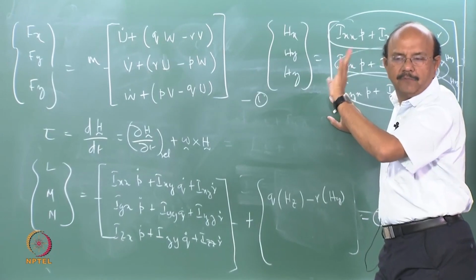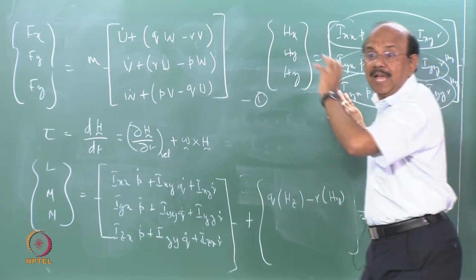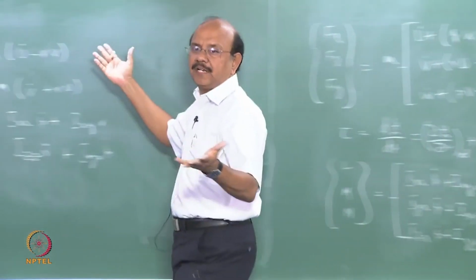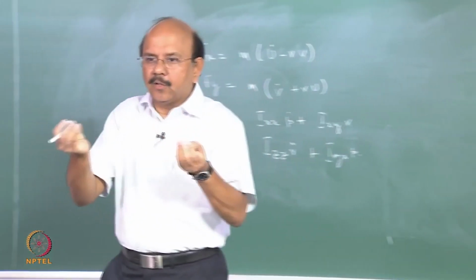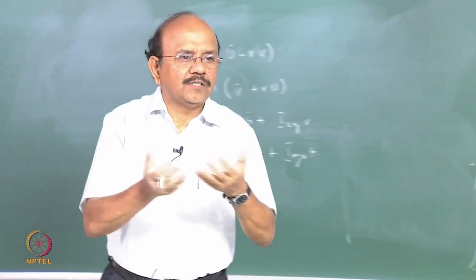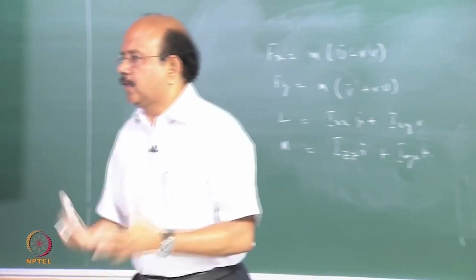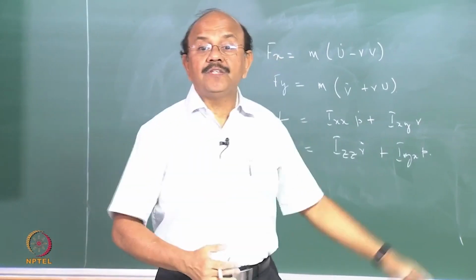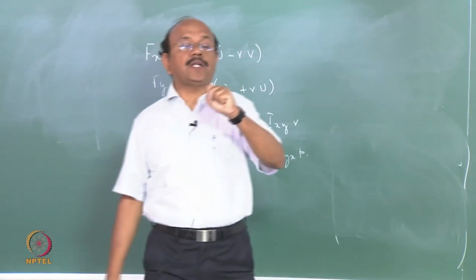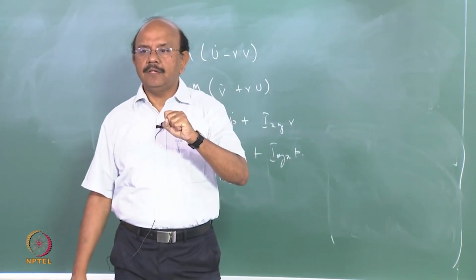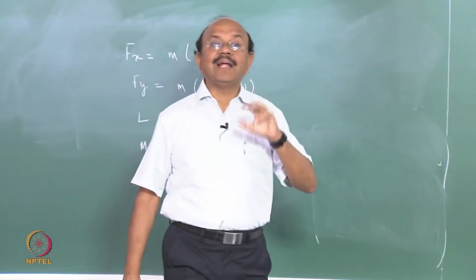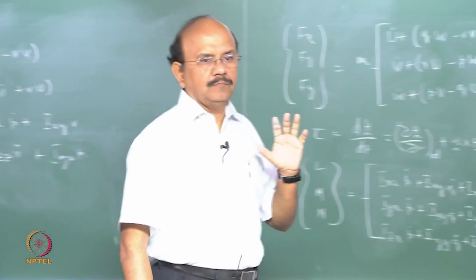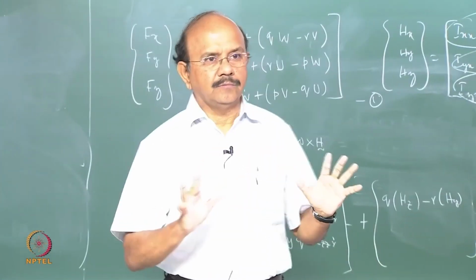Handleable in the sense that I want to work it out in an analytical fashion, I want to look at the results, I want to interpret them, and so on. So from this, I'm going to extract out the equations for lateral dynamics. That's all I'm going to do.